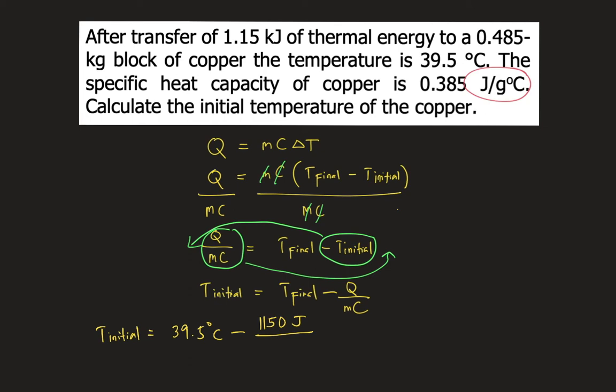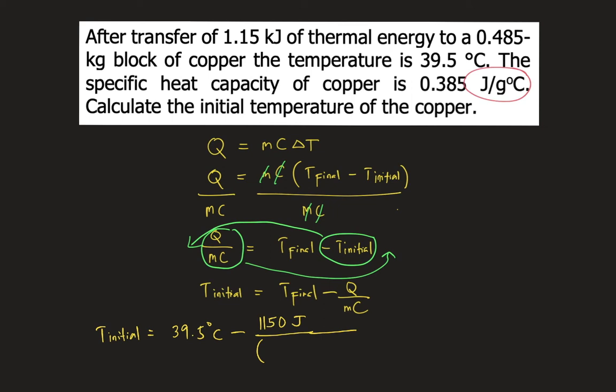Over mass times specific heat. So mc, mass given is 0.485 kilograms. Again, to be consistent with our units, since the given unit for c is joules per gram degree Celsius, we need to convert 0.485 kilograms to grams.